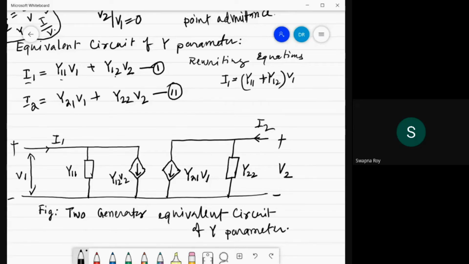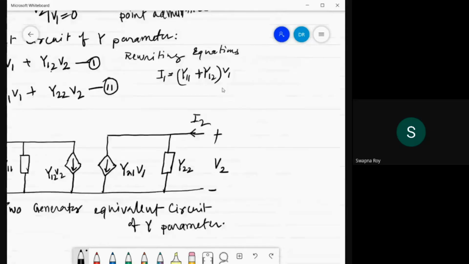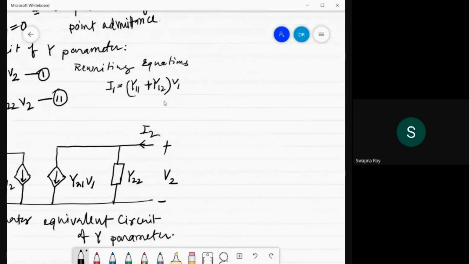What we have is Y11 V1, and Y12 V1 is missing here. So I'm writing this one as Y11 plus Y12 V1. So I have to subtract it.